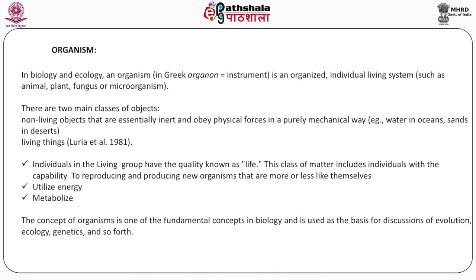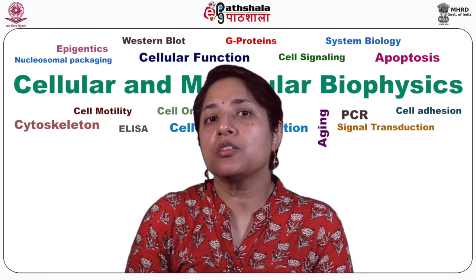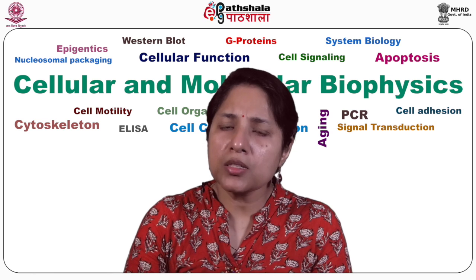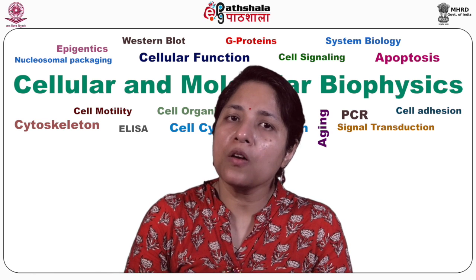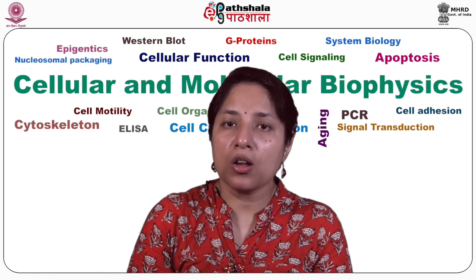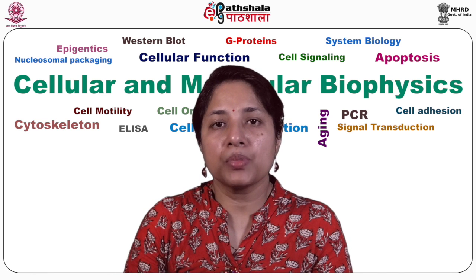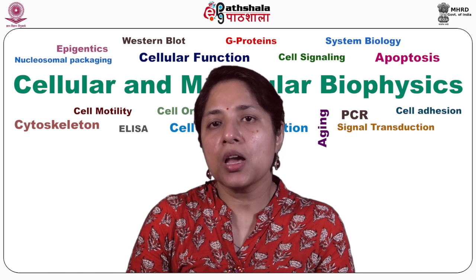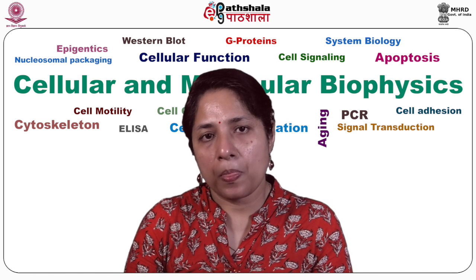This class of matter includes individuals with the capability to reproduce, producing new organisms that are more or less like themselves, so that they can utilize energy and metabolize further. The concept of organism is one of the fundamental concepts in biology and is used as the basis for discussions of evolution, ecology, genetics and so forth.